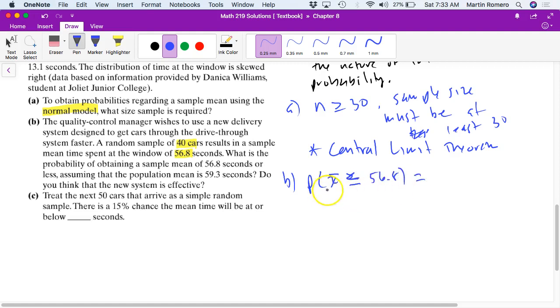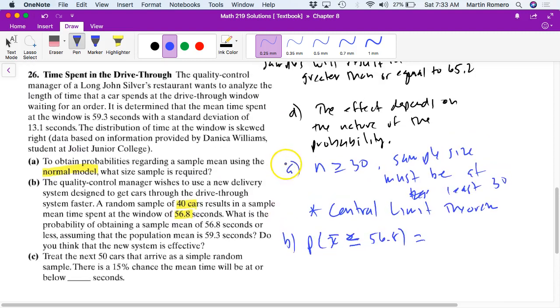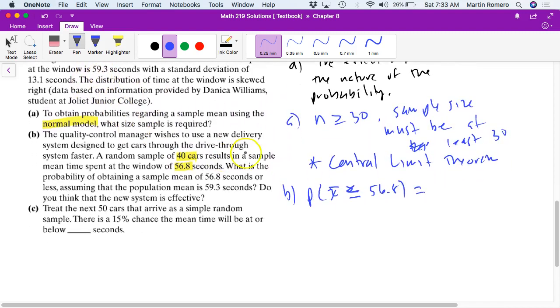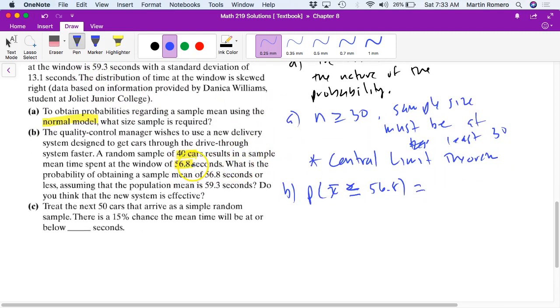Assuming that 59.3 is what the population is. So if the population mean is 59.3, what is the probability that we would get 56.8 when 40 cars came?